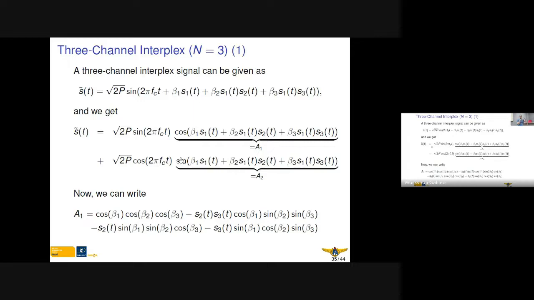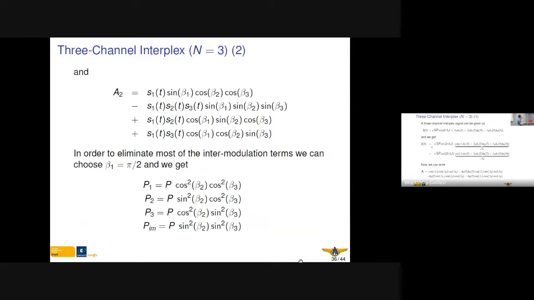Then we apply all these theorems that I introduced a little bit before, and for the in-phase part we get 4 terms, and for the quadrature part we also get 4 terms.